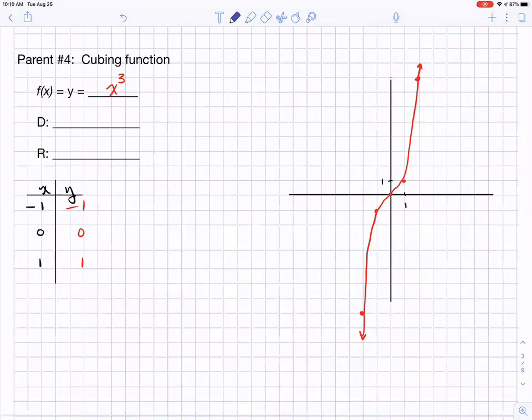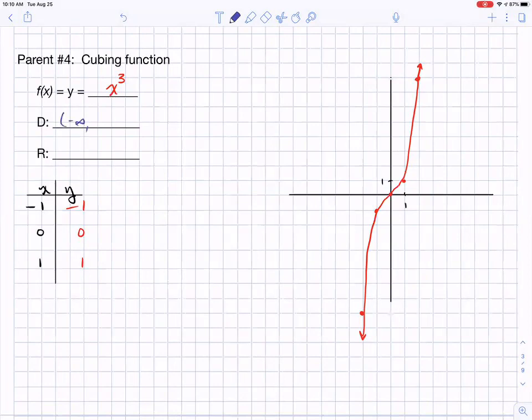Okay, so is it leveling off the further out that I go? It's not. Because think about domain. I can plug in a negative 5. I can plug in a negative 8. I can plug in a negative 10. I can plug in a negative 1,000, right? There's no boundary on what I'm allowed to plug in. So negative infinity is my furthest x value that I'm allowed to plug in.